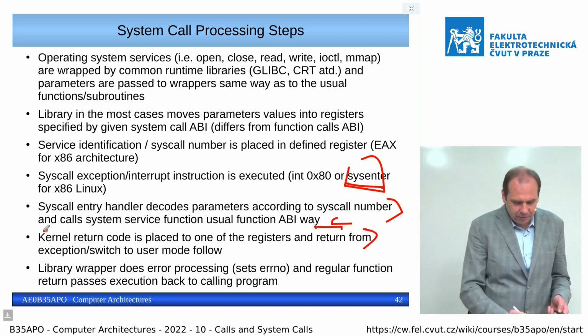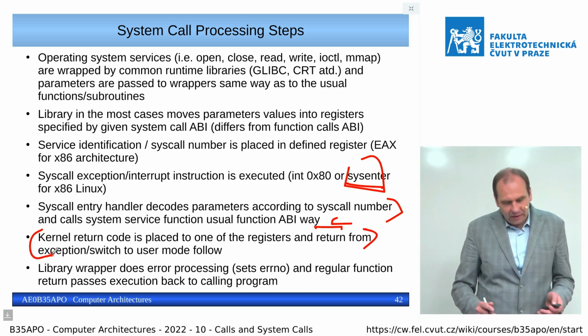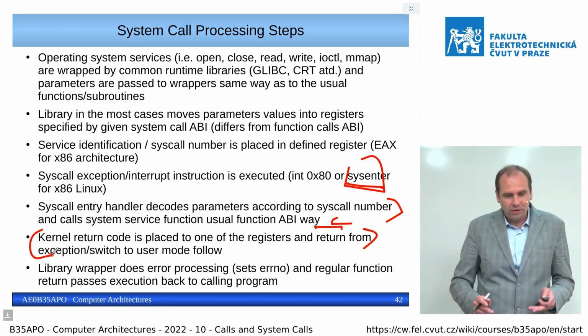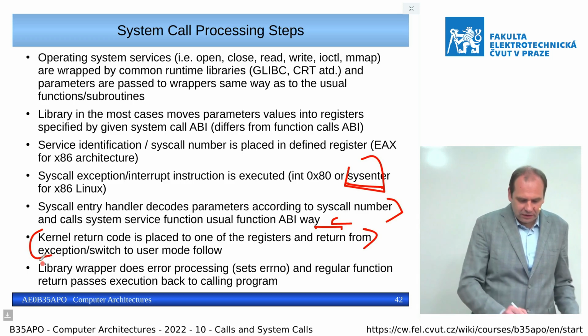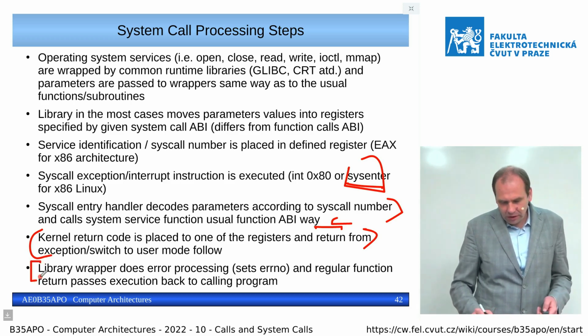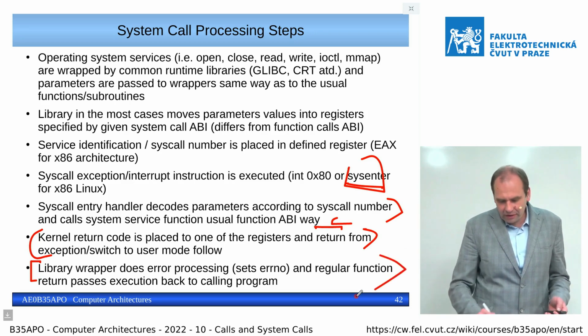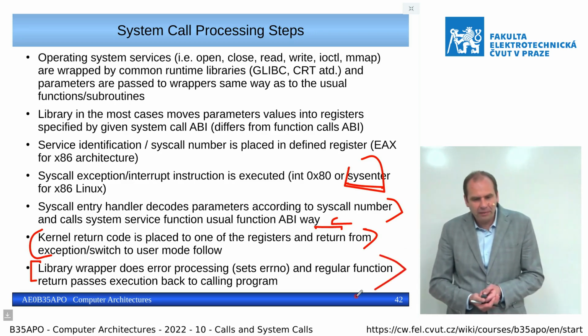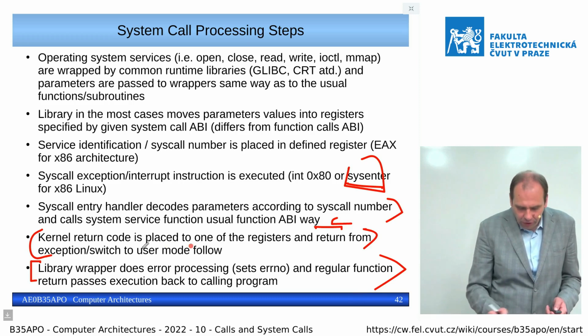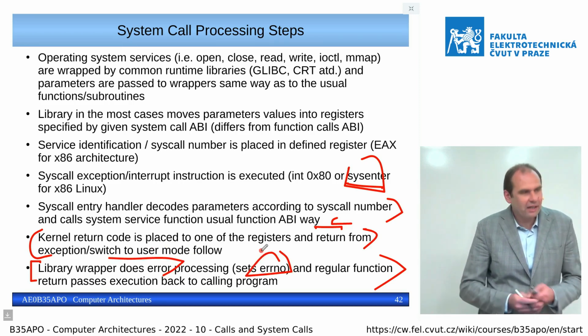It processes the operation, then prepares a return code and switches back to the standard user mode, and usually the C runtime checks for the error, and if an error happens, then there is a wrapper which sets the errno value.